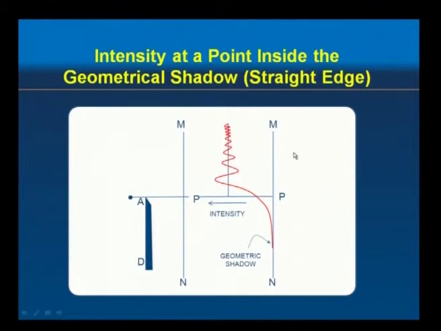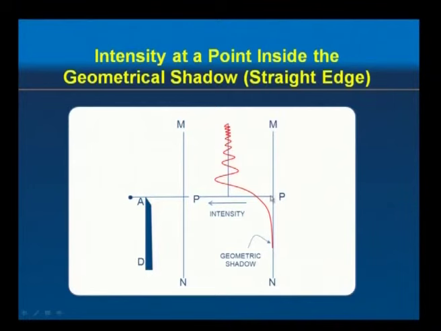But on the contrary, what you observe is some sort of intensity which varies gradually and falls to zero. This is the geometric shadow region. In the shadow region, instead of uniform darkness, you get some bright light coming.